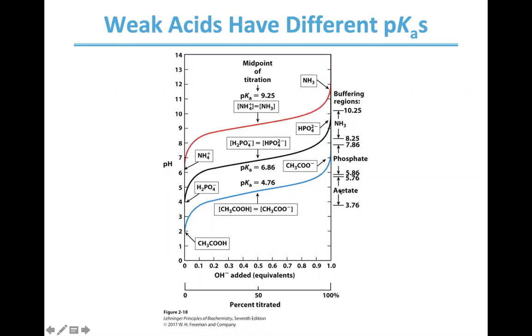So you can see here, acetate works in this region of pH, phosphate works in this region of pH, ammonium buffer works in this region between 8 and 10. So depending on your ideal pH for your enzyme, you will use the right buffer. There is a need for a large number of buffers for optimal performance of your biological macromolecule.